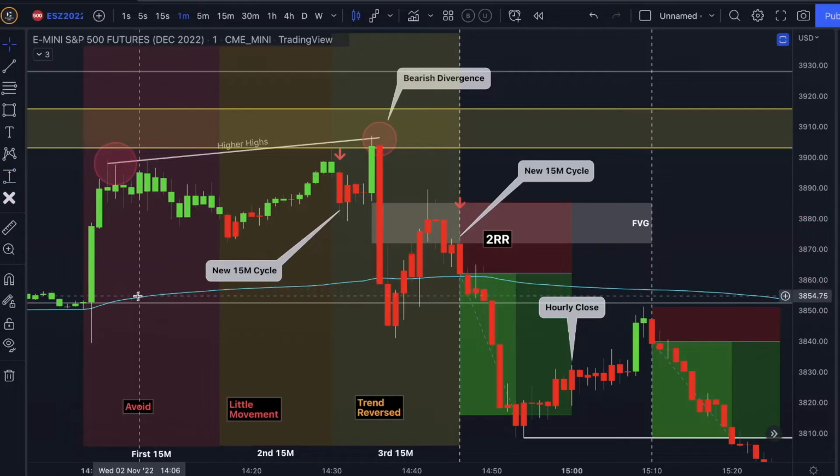I usually avoid the first 15 minutes of every major news event. So during the first 15 minutes, we saw this break to the upside, and generally I'm avoiding this price action.